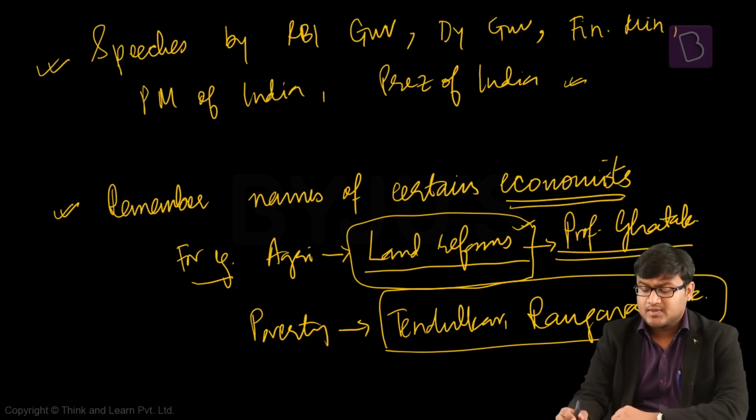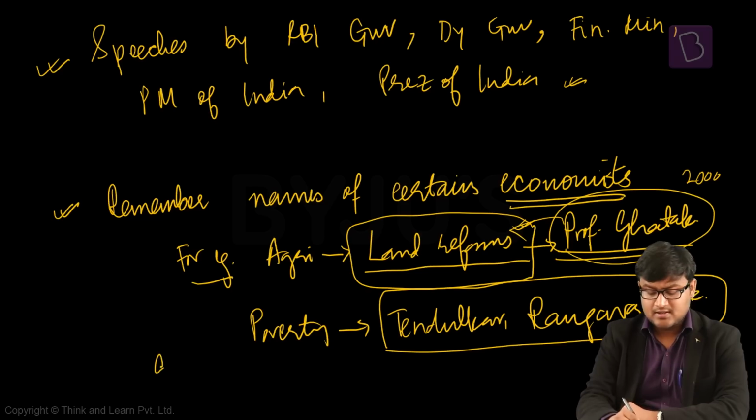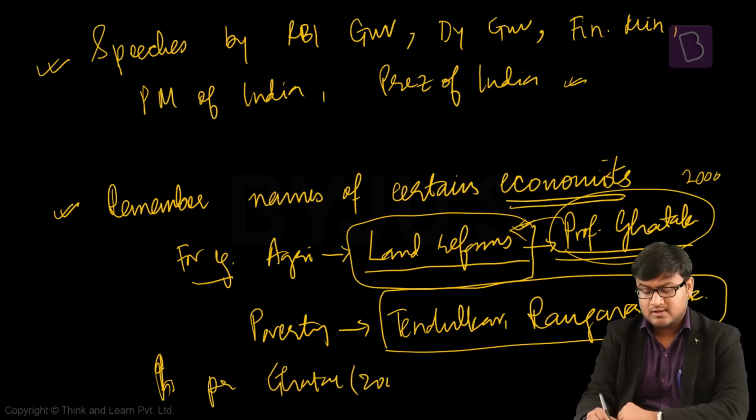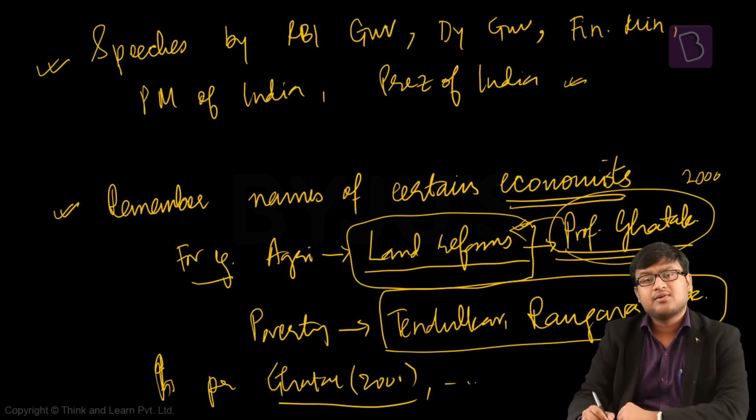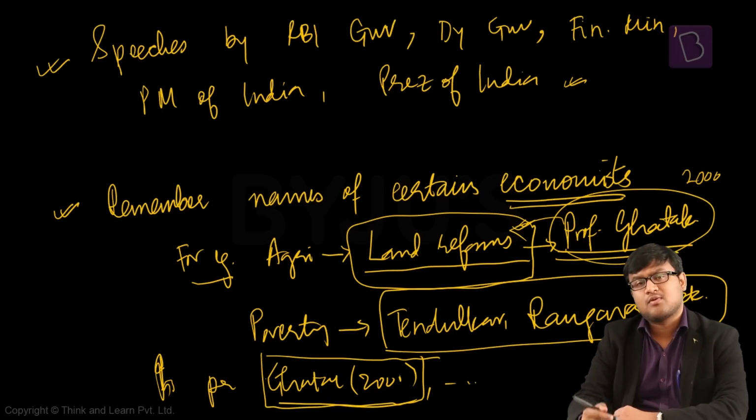For example, the paper in which Professor Ghatak talks about land reforms was published in say the year 2000. So in your answer, if you can write as per Ghatak 2000, it really gives you an edge over others because here you are mentioning a reliable and authentic source from where you get the information that you're writing, and this will definitely add extra points to your answer.